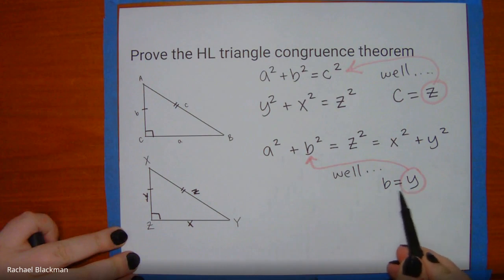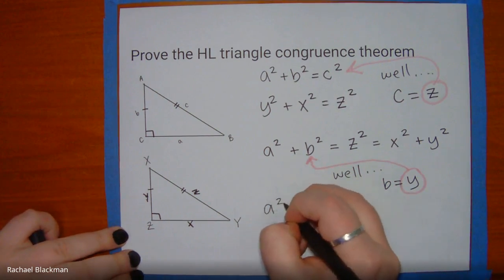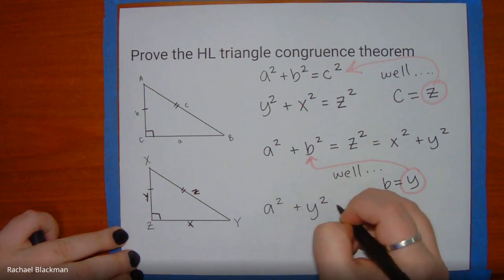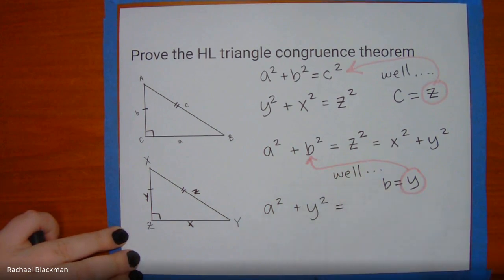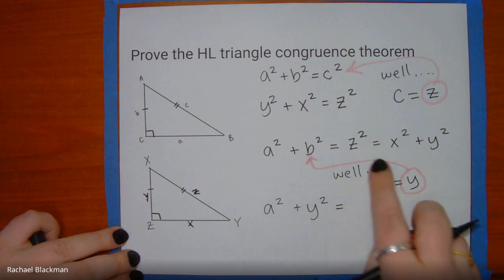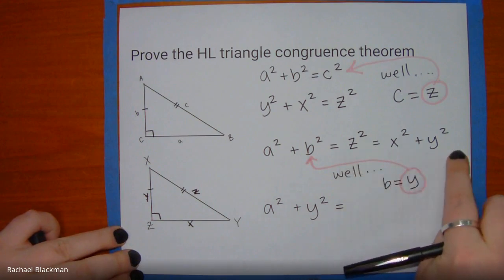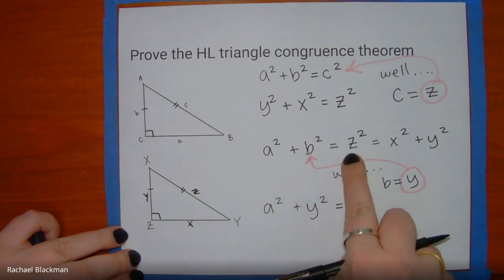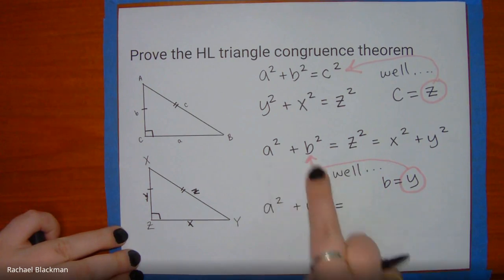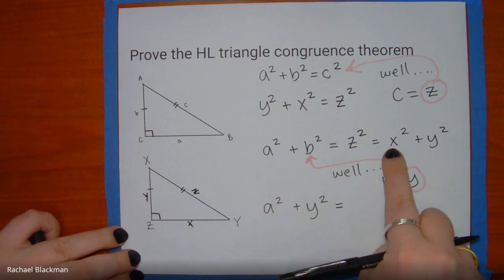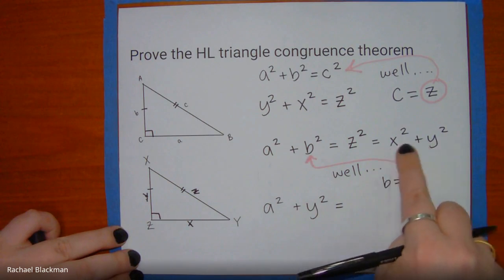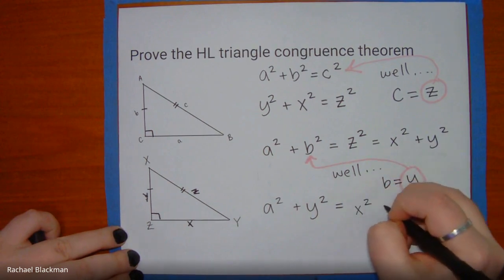Again, we're just substituting values that we know are equal. Equals. And I could rewrite all this, but let's drop this middle connecting Z squared. Let's just say that A squared plus Y squared is equal to X squared plus Y squared. Is that okay? All right.